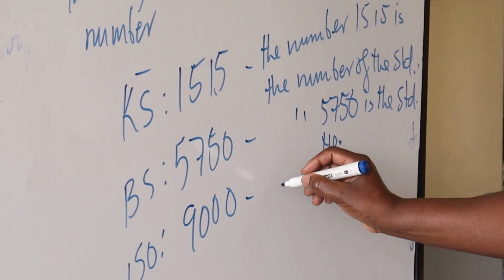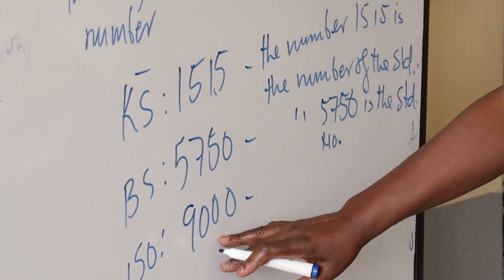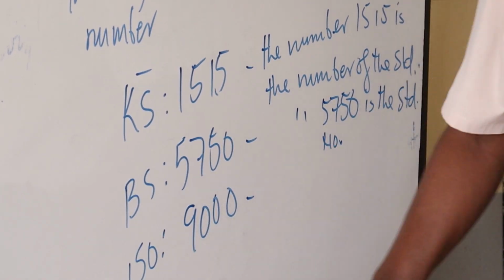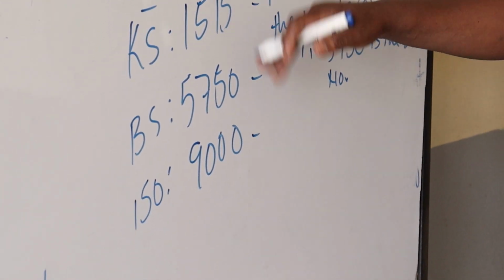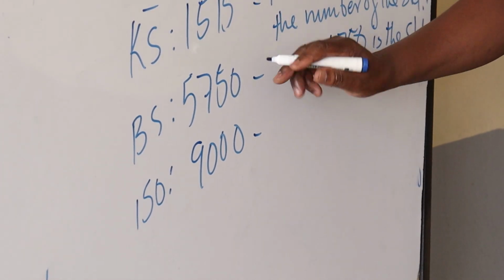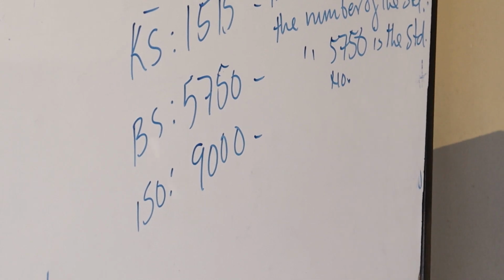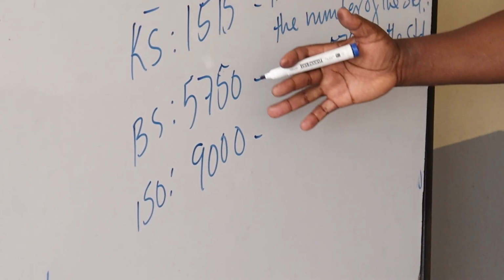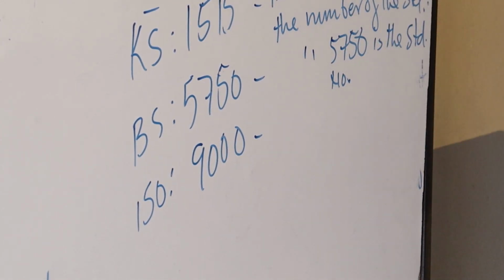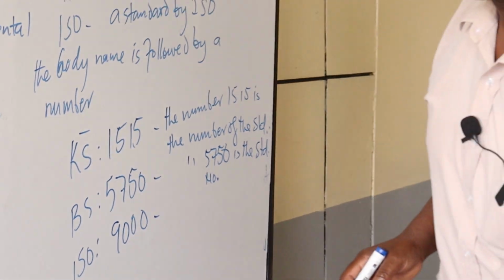This one is the number 9000 standard made by ISO. Now these numbers, I've not chosen them at random. I think there is one way they are related to each other. Find out what they are and how they are related to each other.